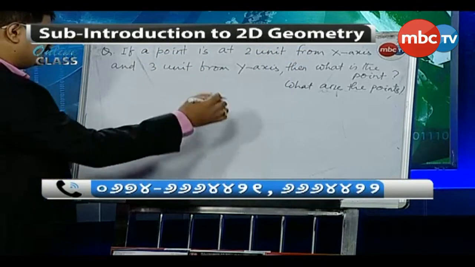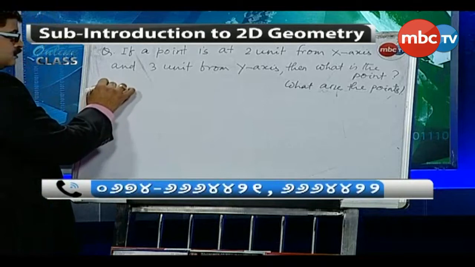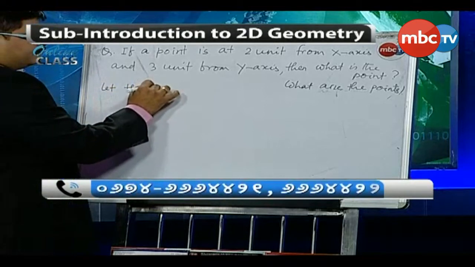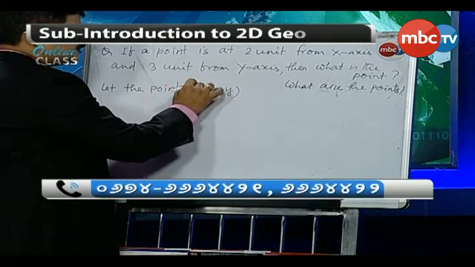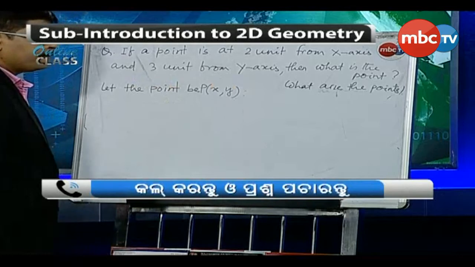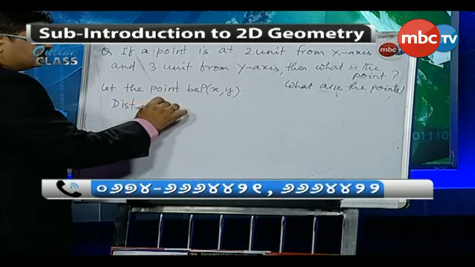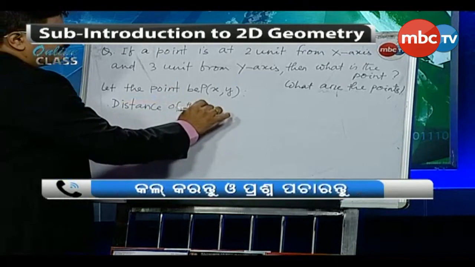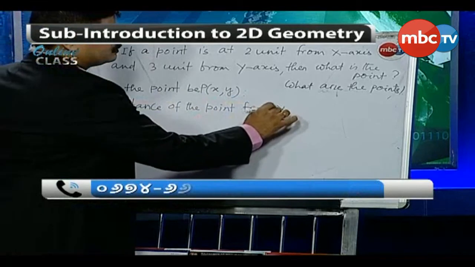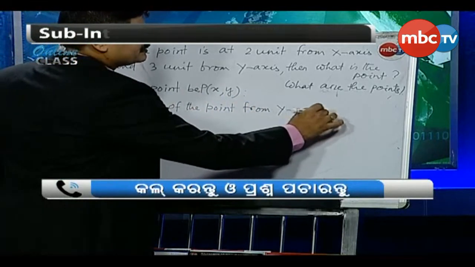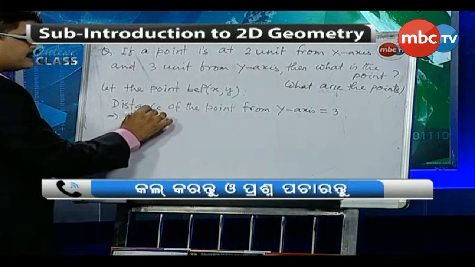So for that what we do, let the point be P(x, y). Say distance of the point from y axis is equal to 3. That means distance from y axis is modulus x coordinate.